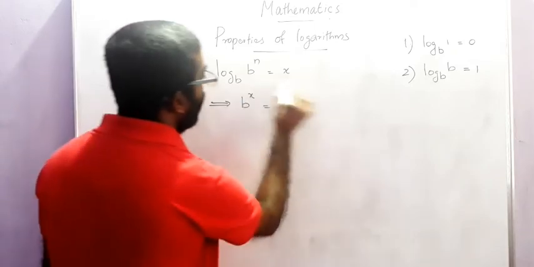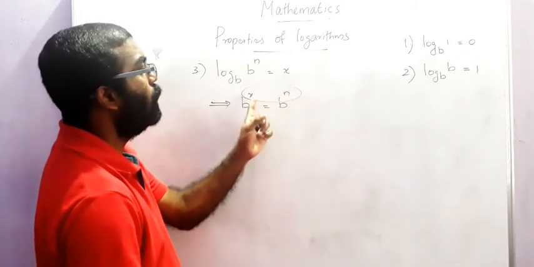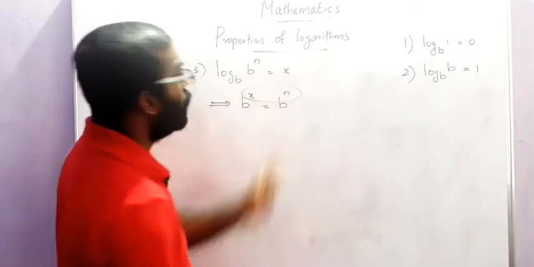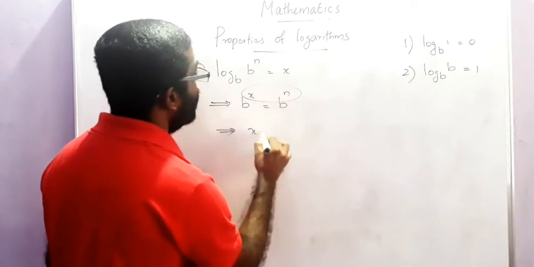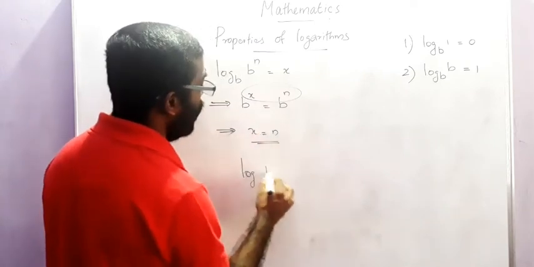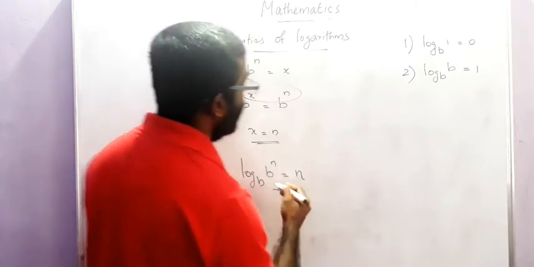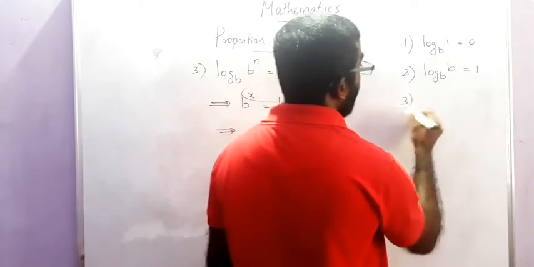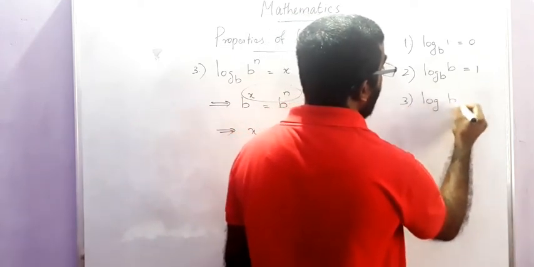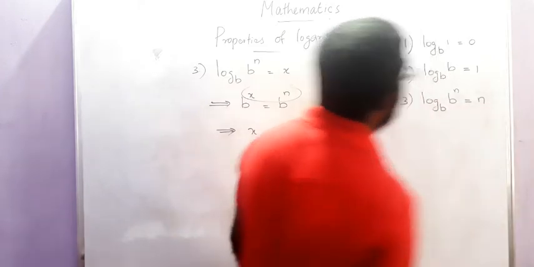By comparing, x is equal to n. Here the bases are the same, so the powers must be the same. That is, log of b raised to n to the base b is equal to n.